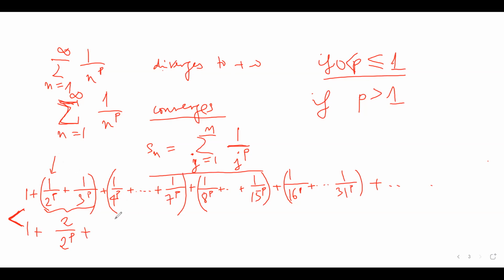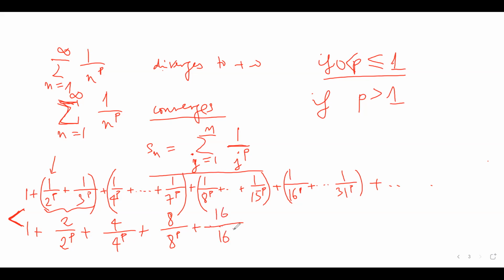And here you get four terms, and the biggest one is 1 over 4^p, and similarly 1 over 8^p, 16, and so on.